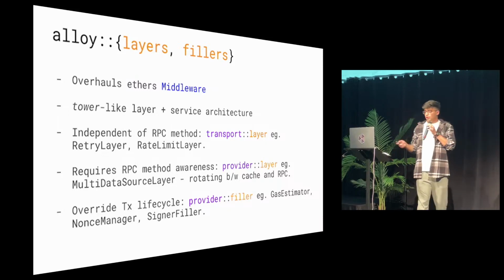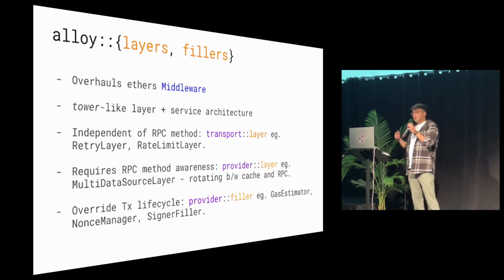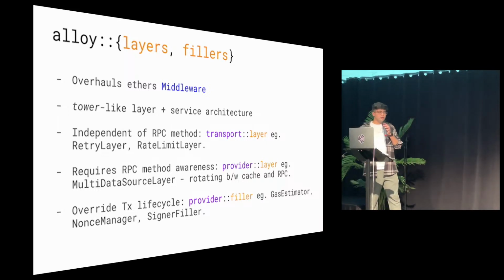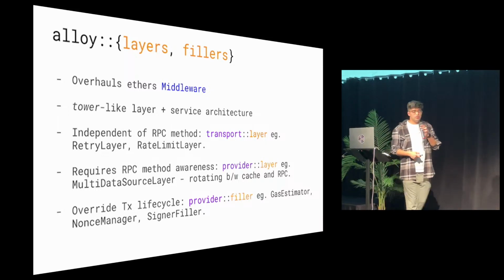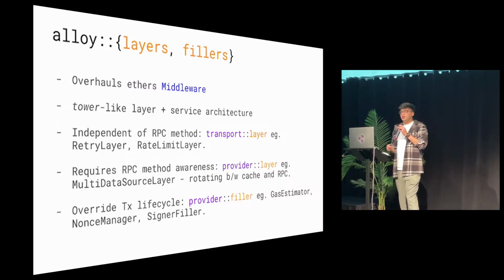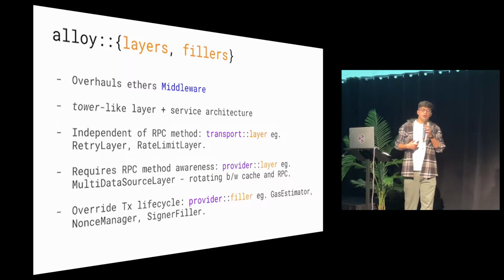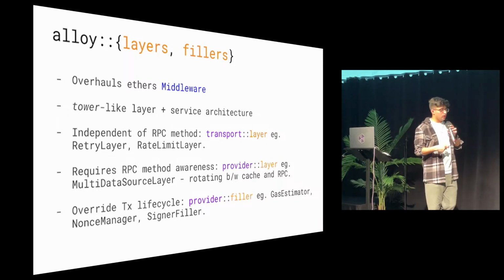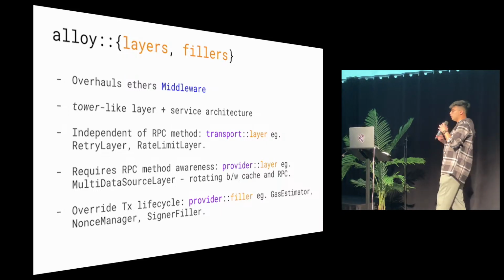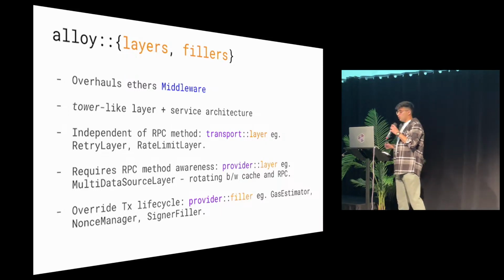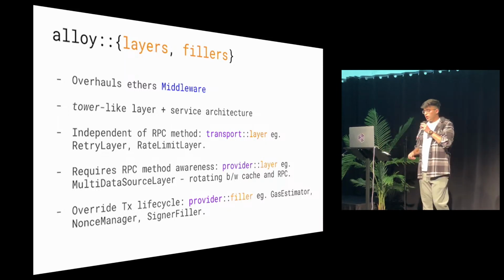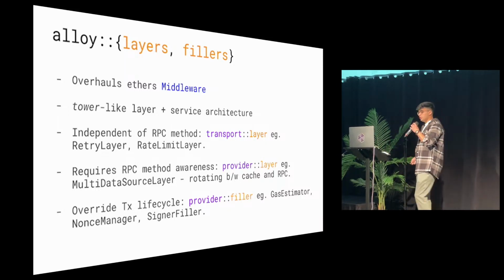We already have a retry backoff service layer inside Alloy that you can use, that is currently used by Foundry to retry requests. In case you want something more granular, where you want RPC method awareness, where you want to know which method you're calling and how the response or the request should be structured accordingly, you'll write a provider layer implementation for that.